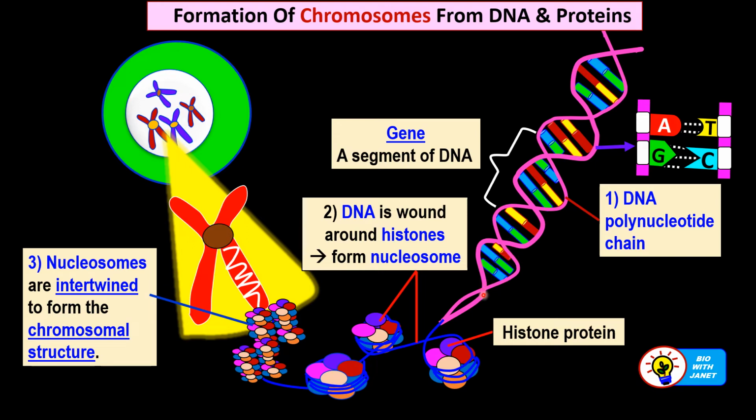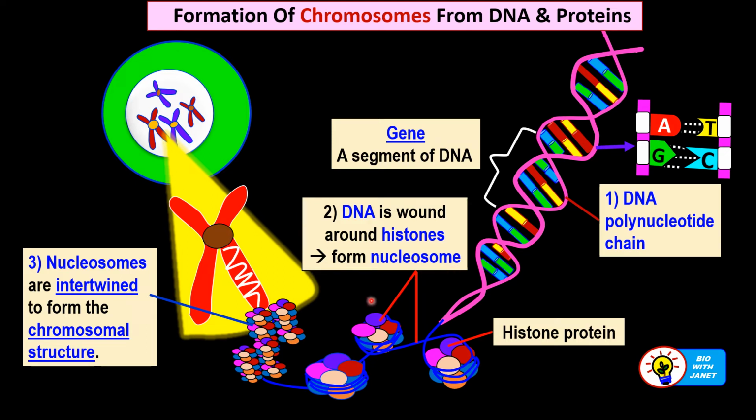Now, this DNA molecule is very long, and it needs to be wound around histones to organize it. See, it's wound around this histone, and then since it's so long, the remaining part must be wound around other histones too. So the DNA is wound around histones to form nucleosomes.